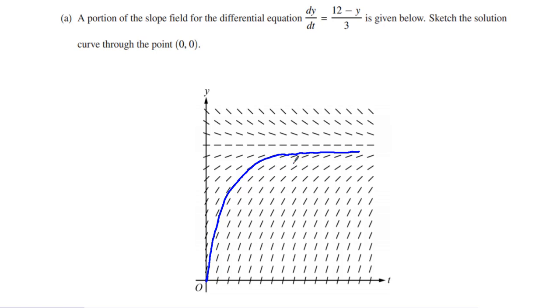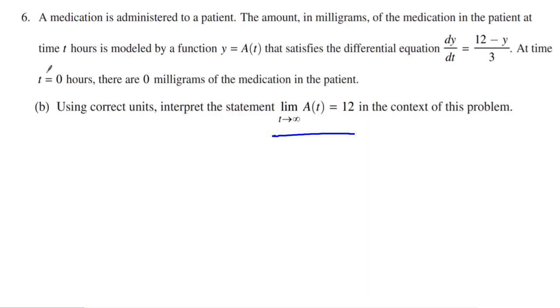As time goes to infinity, the rate is becoming 0 because the slope is becoming 0, but we're getting closer and closer to 12 milligrams for the patient as time continues to progress throughout the day.